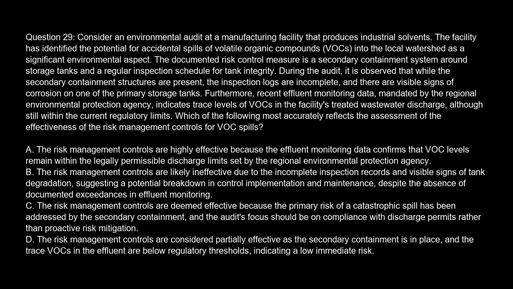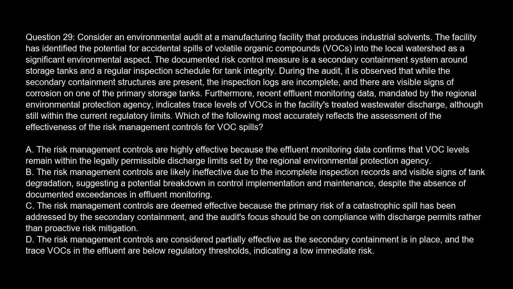Consider an environmental audit at a manufacturing facility that produces industrial solvents. The facility has identified the potential for accidental spills of volatile organic compounds, VOC, into the local watershed as a significant environmental aspect. The documented risk control measure is a secondary containment system around storage tanks and a regular inspection schedule for tank integrity.